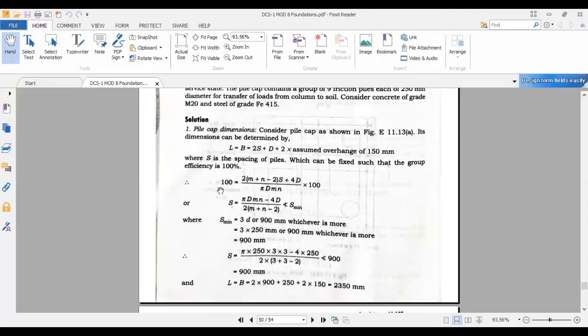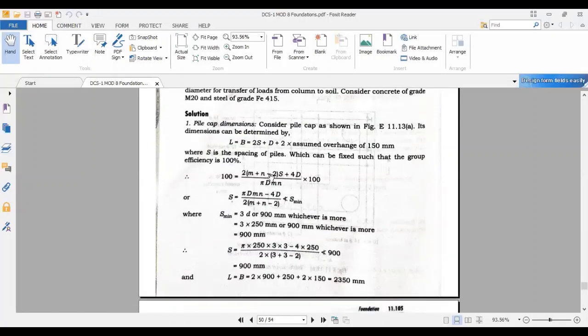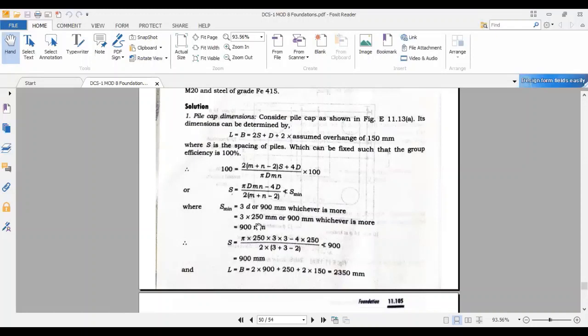In this formula we will use the values: 100 is equal to 2 multiplied by (m plus n minus 2) into s plus 4d upon pi dmn multiplied by 100. And if we transpose the values in terms of s, we get s is equal to (pi dmn minus 4d) upon 2 into (m plus n minus 2), and this value should not be less than s minimum, where s minimum is 3d or 300 mm, whichever is more.